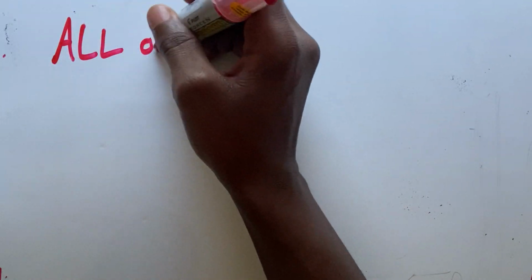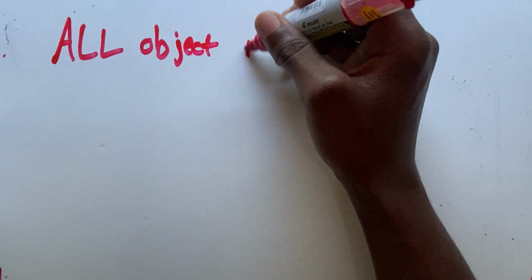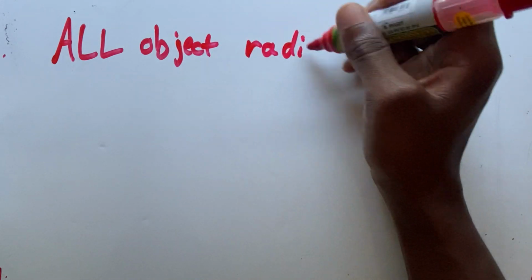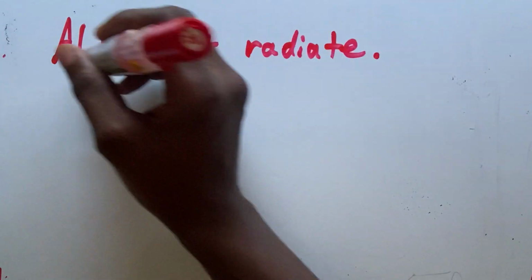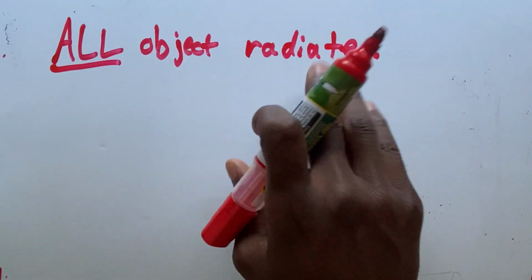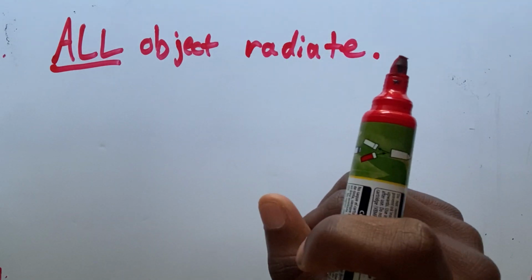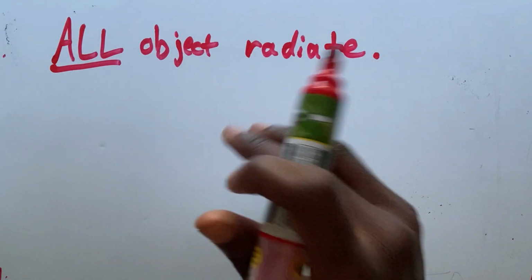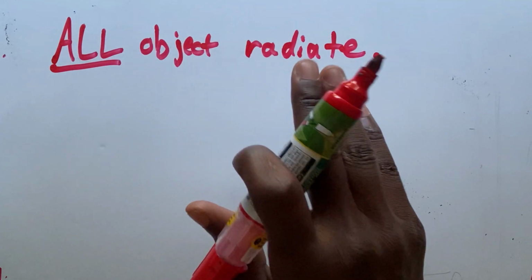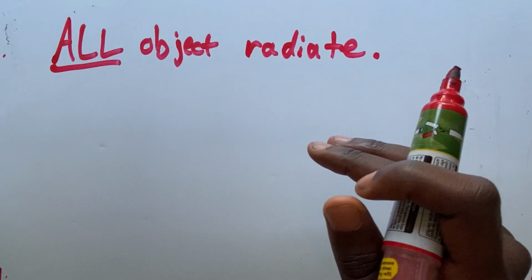All objects that have some temperature, that are above absolute zero, radiate, but there are no objects that can actually reach absolute zero. So we can basically say all objects radiate because they have some form of heat.